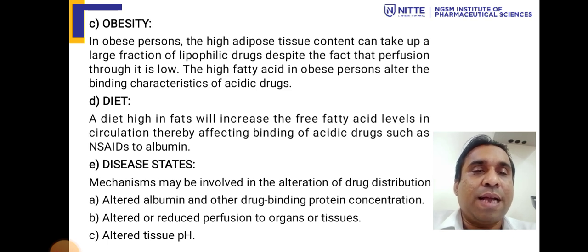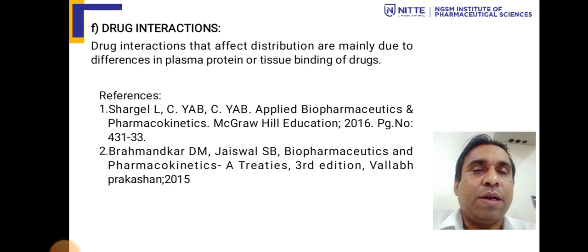Disease state: mechanisms may be involved in alteration of distribution, such as altered albumin or other drug binding protein concentration, reduced perfusion to organs or tissues, and altered tissue pH. Drug interactions that can affect distribution are mainly due to differences in plasma protein or tissue binding of the drugs. References are taken from Shargel and Brahmankar.